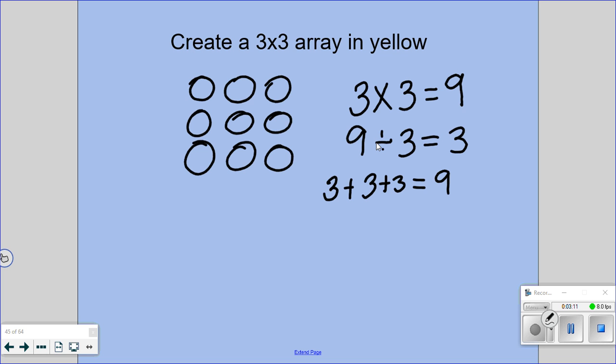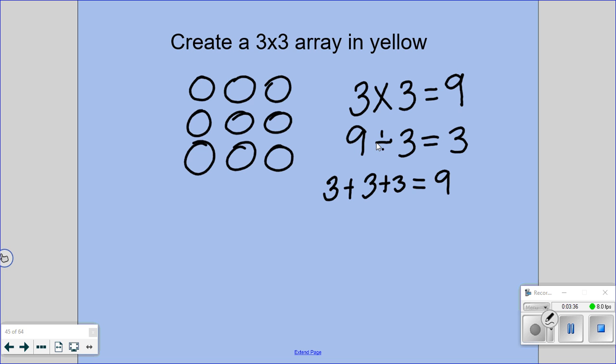So, do I have 9 things put into 3 groups? Yes. That's 9 things put into 3 groups, not 3 things put into 3 groups.